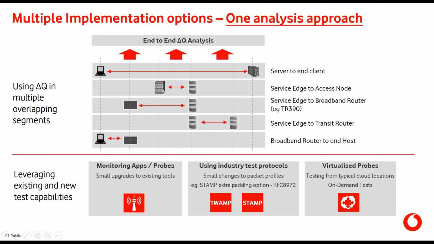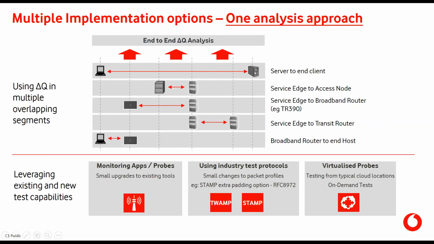And lastly, there are other aspects within the network, from the service edge down to the access node. There is also the ability to run end-to-end, right from the customer device up to perhaps the server offering a particular service, or into a cloud data center.